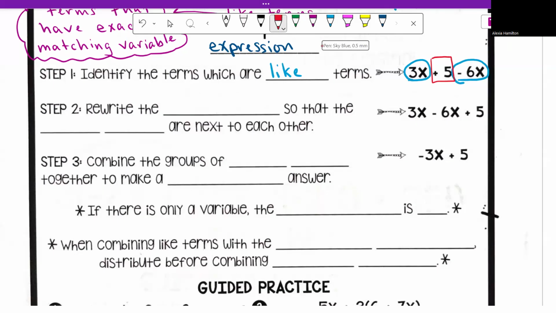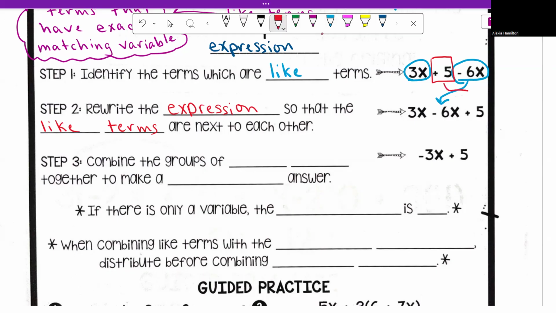Okay. Step 2, we're going to rewrite the expression so that the like terms are next to each other. So we took this minus 6x and we moved it in front of the plus 5.